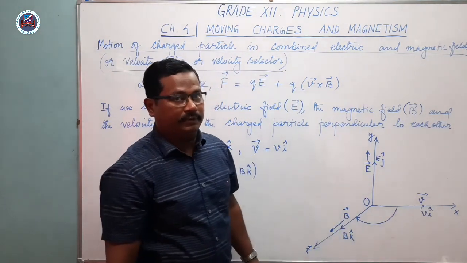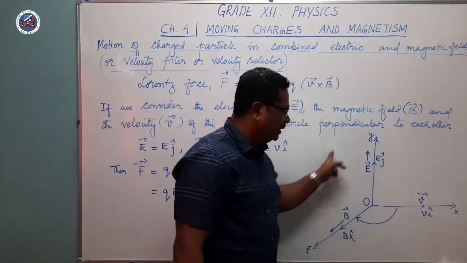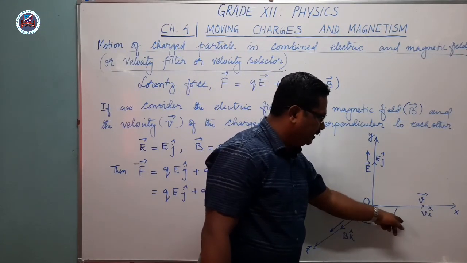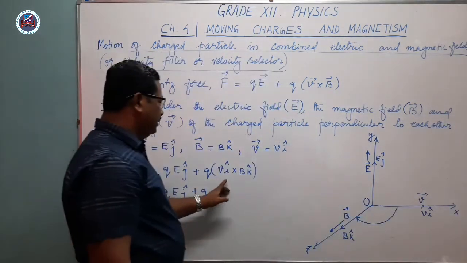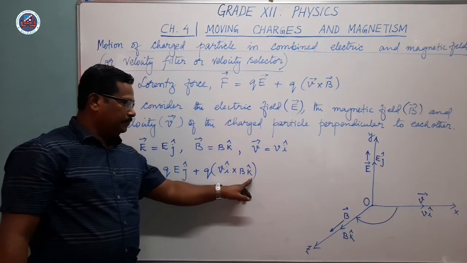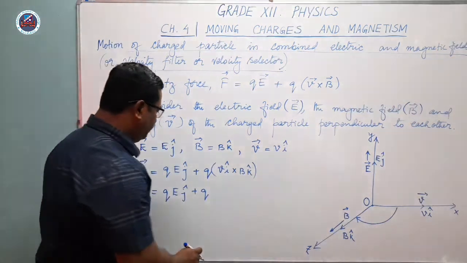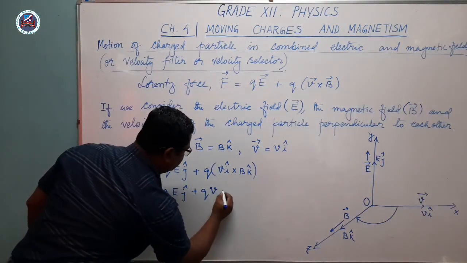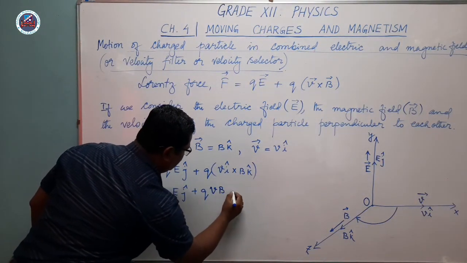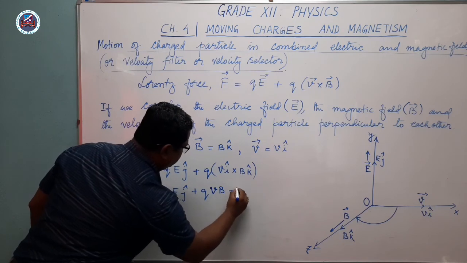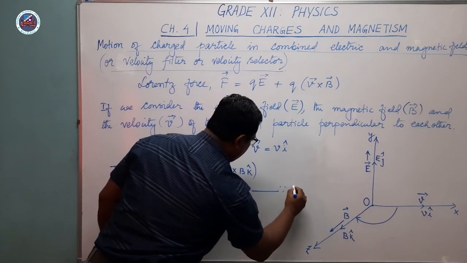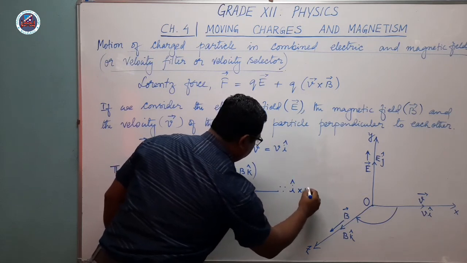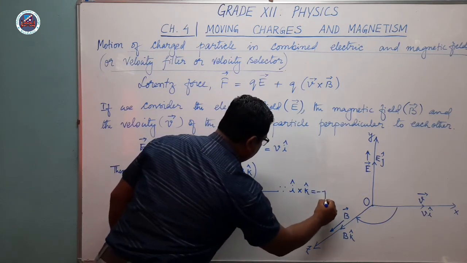You learned in class 11: if it is clockwise, negative; if it is anti-clockwise, then it will be positive. Here you can see very clearly i cap cross k cap will give you a negative of j cap. So this is VB minus j cap. Write down here especially, since i cap cross k cap gives us minus j cap.